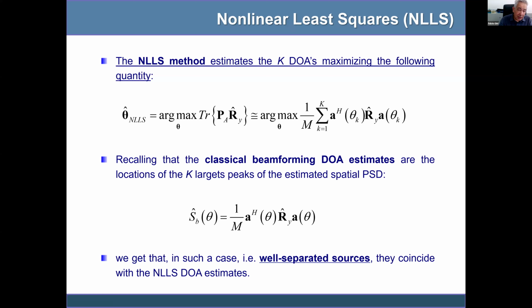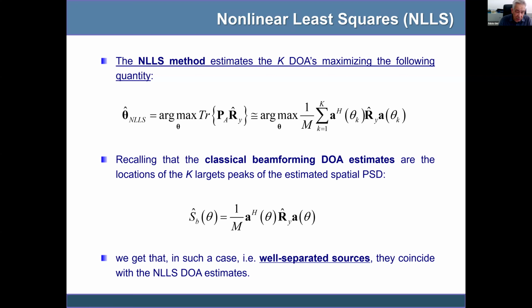What we prove is that if the sources are well separated, so the respective spatial frequencies are spaced by more than 1 over m, then the nonlinear least square estimates can be derived with good approximation by applying the classical beamformer. So by estimating the spatial power spectral density with respect to theta, the functional becomes one-dimensional.